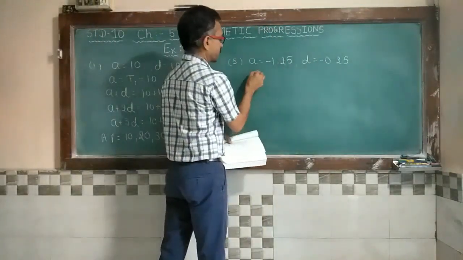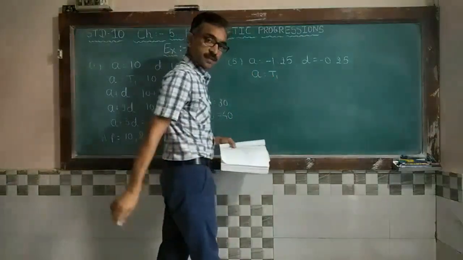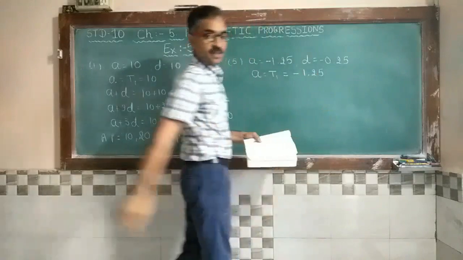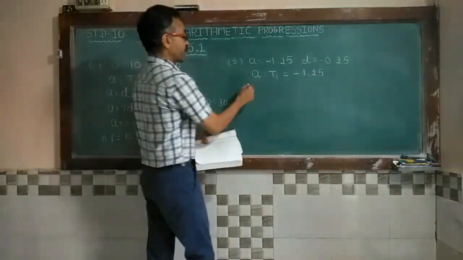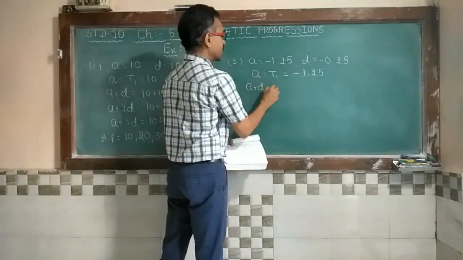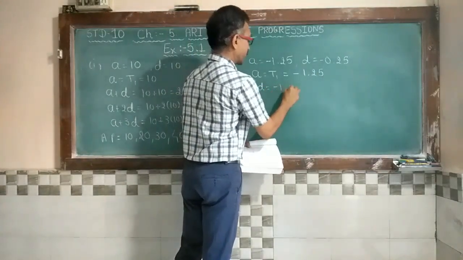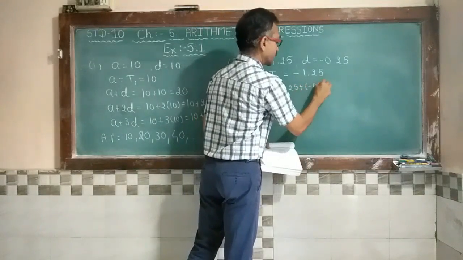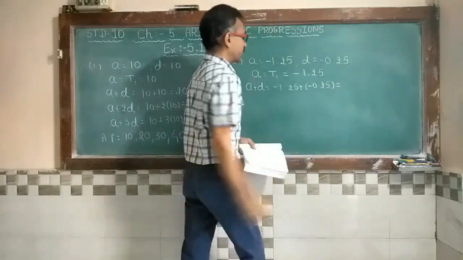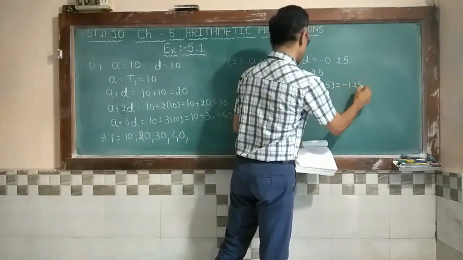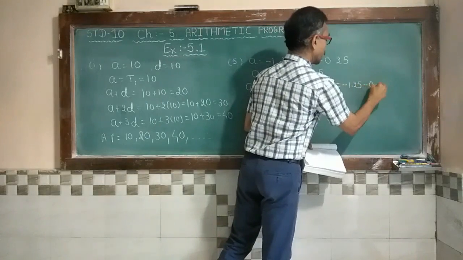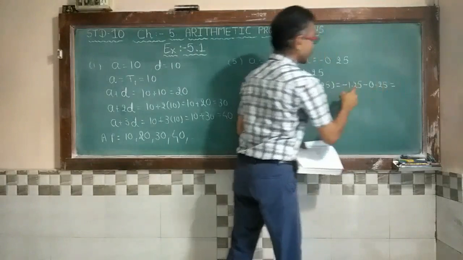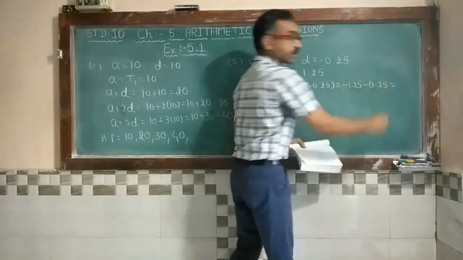Now see, your first term, that means A, or you can write T1, that is minus 1.25. Second term is A plus D, that is minus 1.25 plus minus 0.25, that means minus 1.25 minus 0.25. See here, plus minus minus, that means minus 1.25 and minus 0.25.